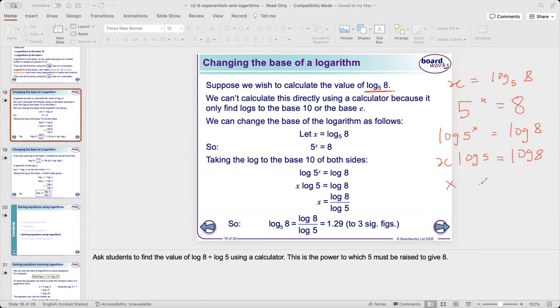Then x will be equal to log 8 divided by log 5.